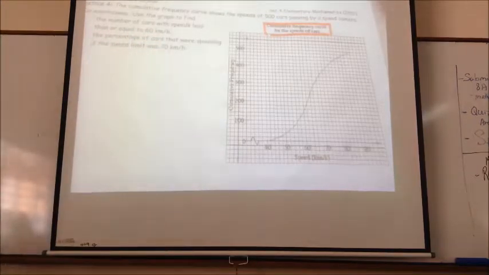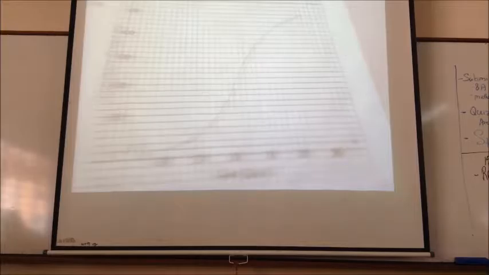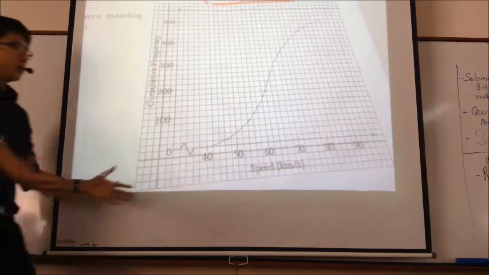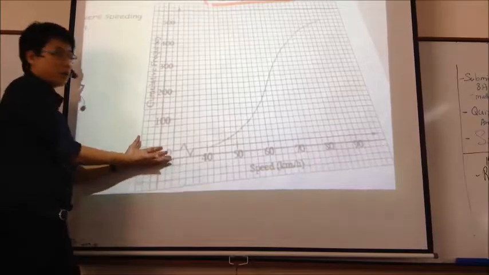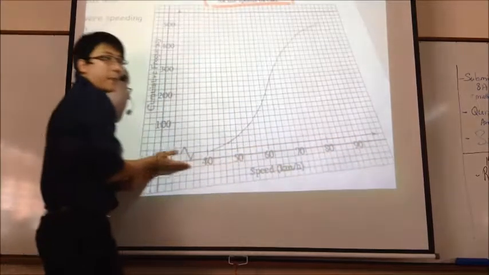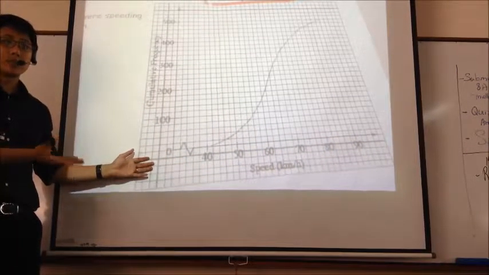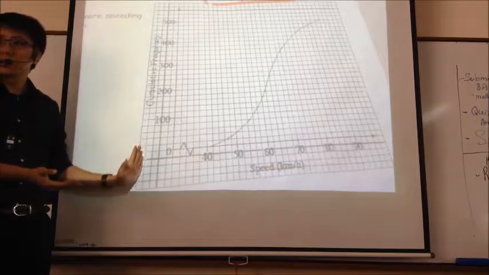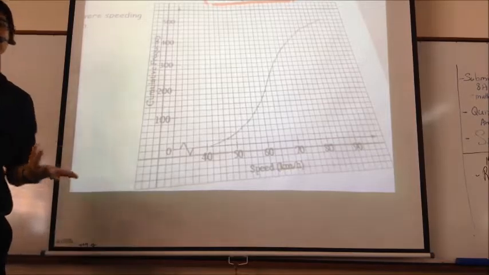Now, I want you to zoom into this. Hu Jing, tell us, the horizontal axis means what? Speed. What about the vertical axis? You say cumulative frequency, but what does cumulative frequency mean?